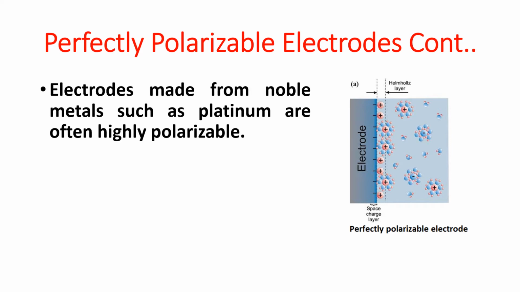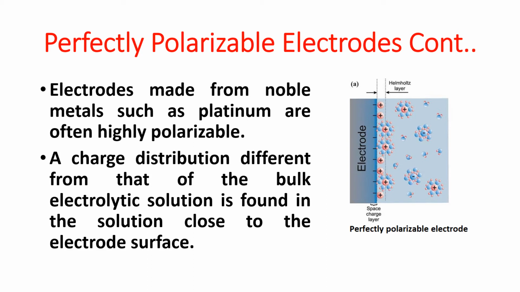A charge distribution different from that of the bulk electrolytic solution is found in the solution close to the electrode surface. Such a distribution can create serious limitations when movement is present and the measurement involves low frequency or even DC signals.